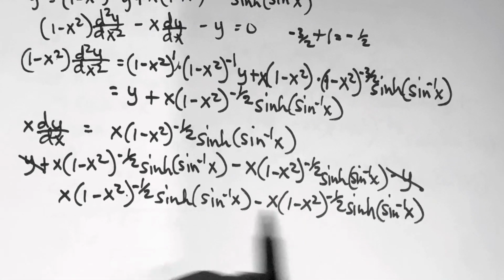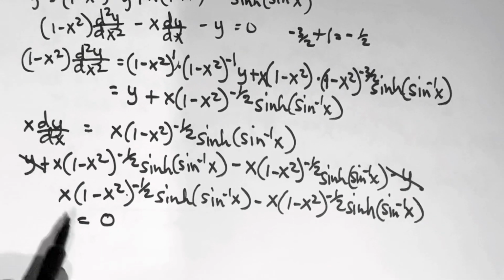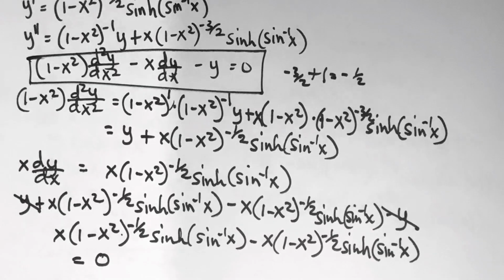So you see that it is the same term that we are subtracting. So this is going to give us 0. So this is equal to 0, and that is exactly what the differential equation was asking us to prove.